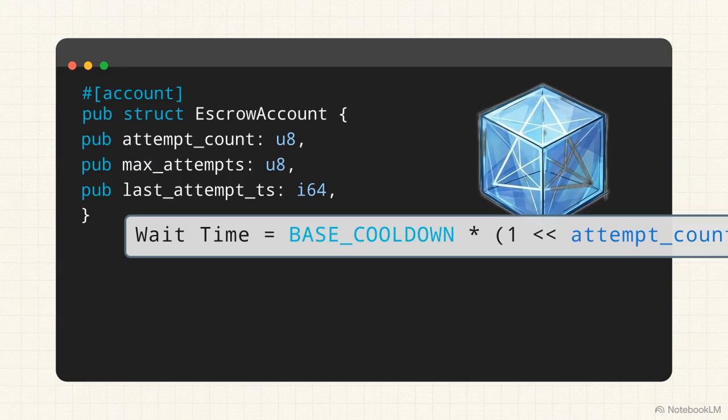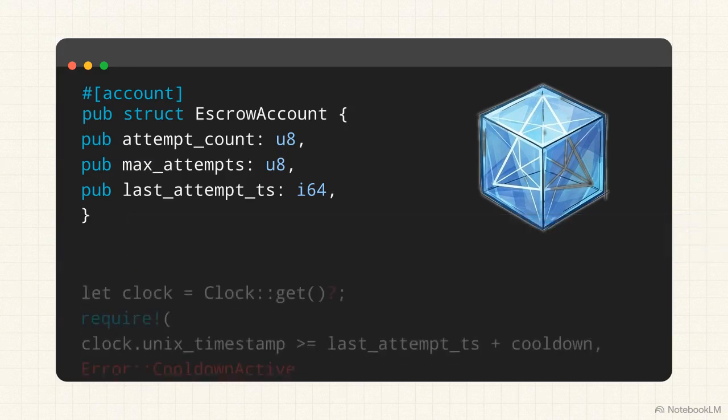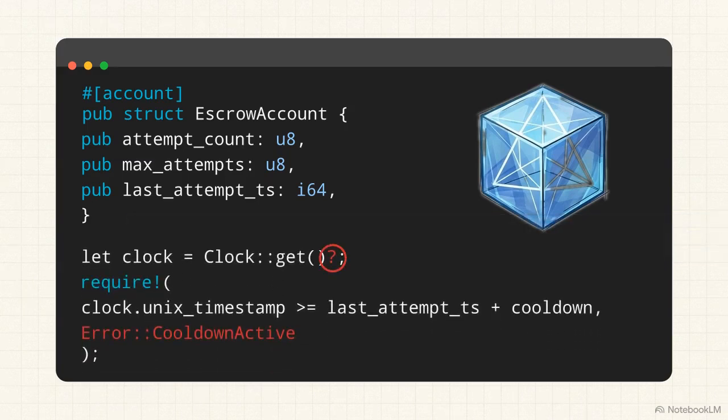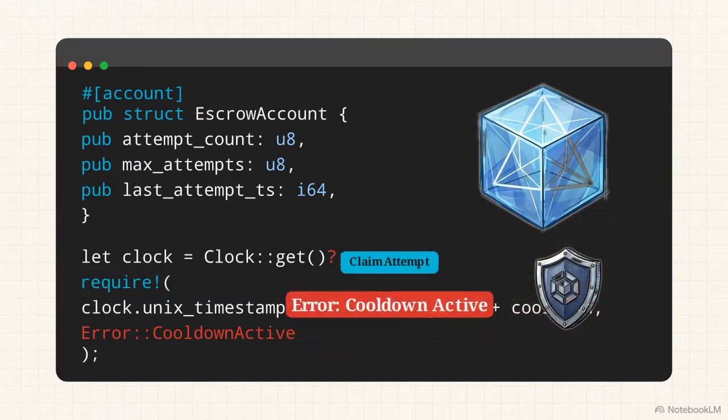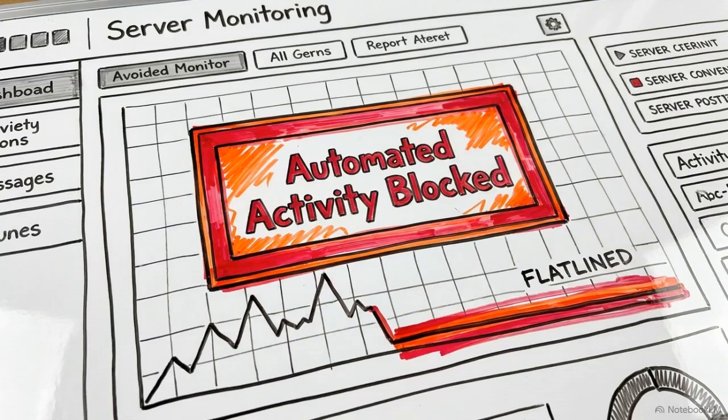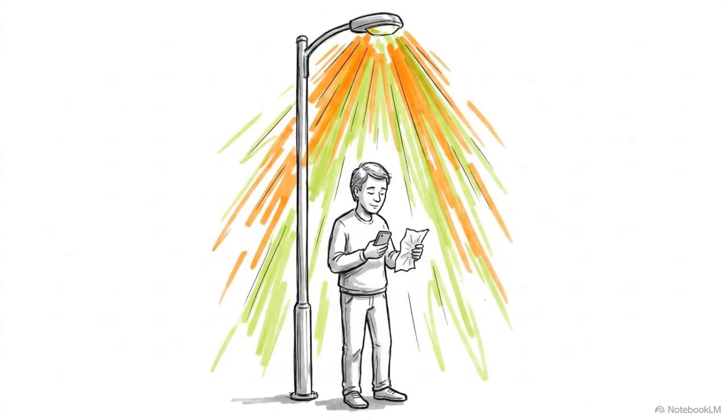Every time a claim fails, the program calculates a new wait period that grows exponentially. The question mark operator ensures the program correctly pulls the current cluster time. If the cooldown hasn't passed, the transaction is rejected before it can even check the code. This creates a mathematical barrier that stops automated guessing in its tracks, while keeping the system accessible for a human user who might need a few minutes to double-check their note.